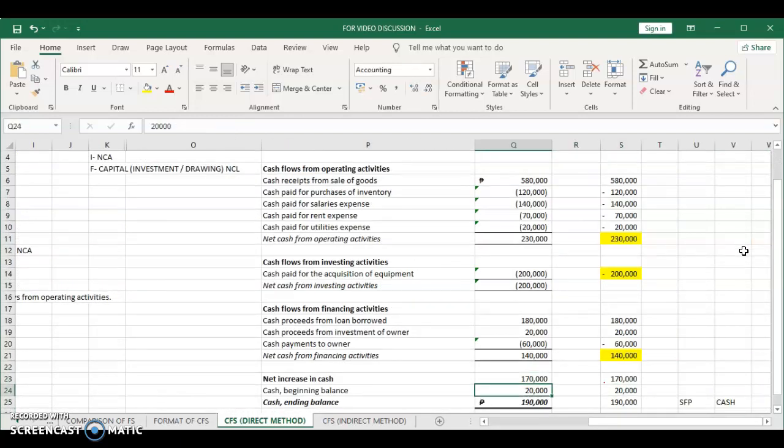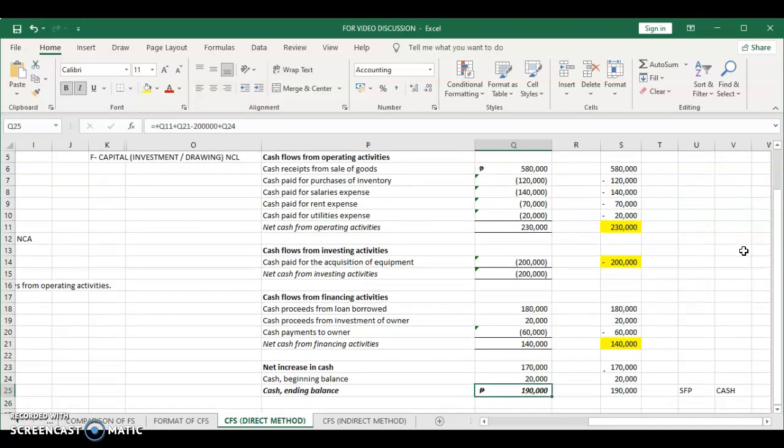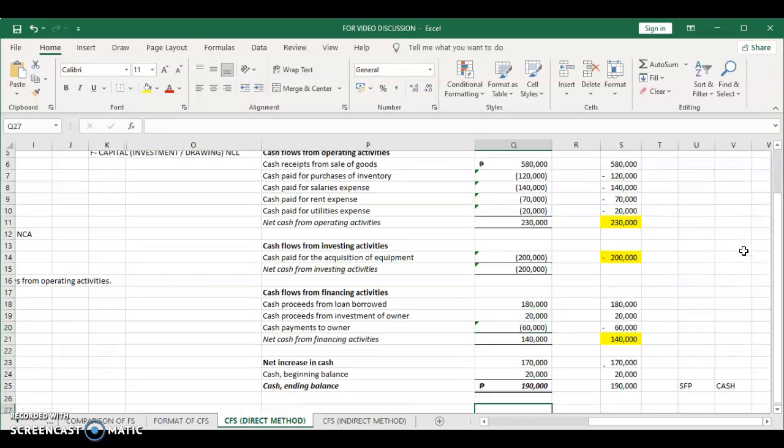So the total is 190,000. Itong 190,000 na to, class, dapat itong cash mo ni ABC Company, yan din yung magiging cash niya sa SFP or Statement of Financial Position. Dapat same sila. Dito class, pinakita ko lang yung formula para mas madali, para makita nyo. Kasi pag dito, you cannot compute this one, magiging invalid yung ating formula dyan.